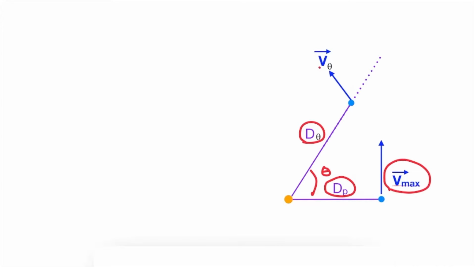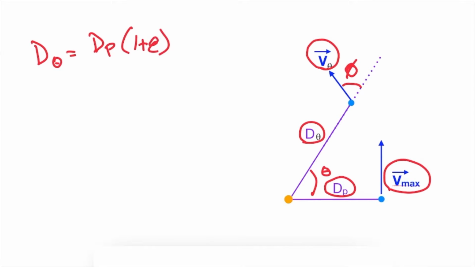There, of course, also will be a velocity involved, a new velocity somewhat less than Vmax, and there will also be an angle phi that is almost certainly different than 90 degrees. But we don't want those two variables in our equation. Remember, what we're looking for is d sub theta equals dp times 1 plus e over 1 plus e cosine theta, which would be the appropriate equation for an elliptical orbit.